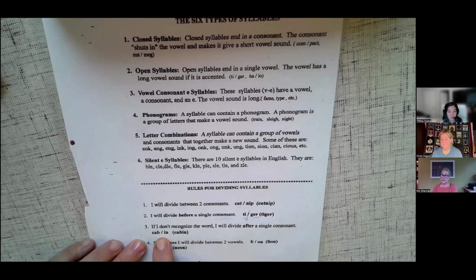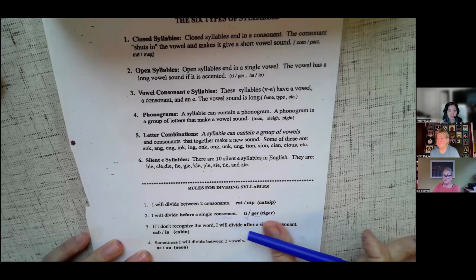So you see here, this is not "cabin." If I divide it before the B, it's "cabin." And then lastly, and this happens often, I will divide between two vowels. Once again, it's important to know your vowel teams so that you can have a better understanding of underlining the I and O and dividing between the two.